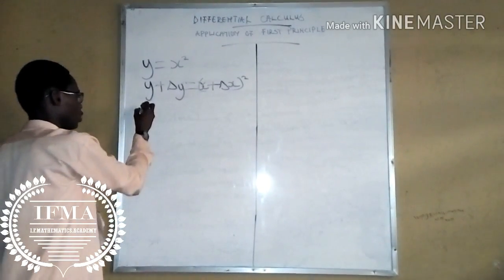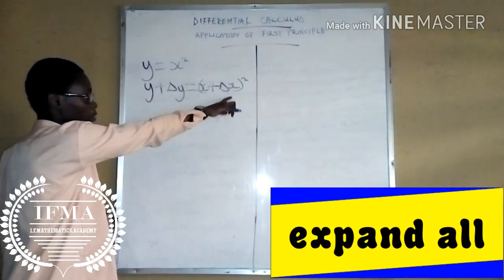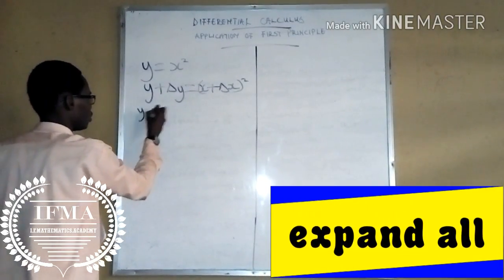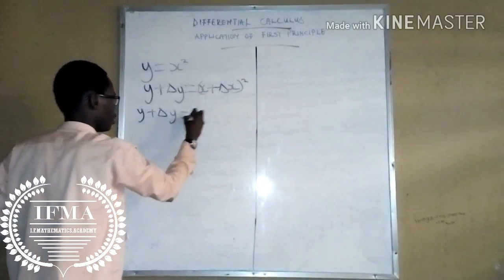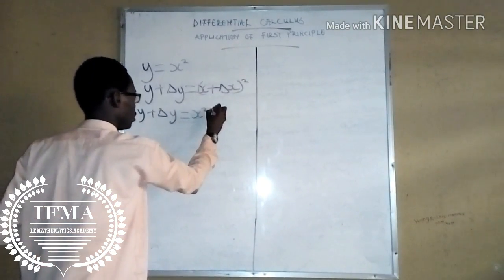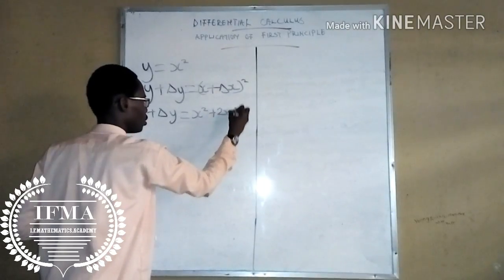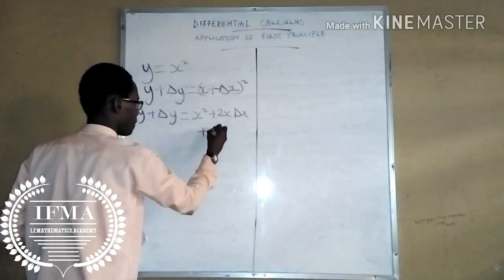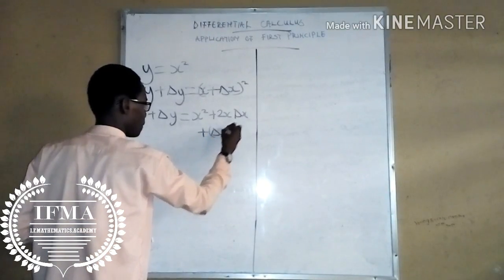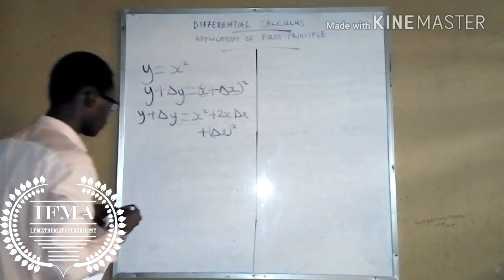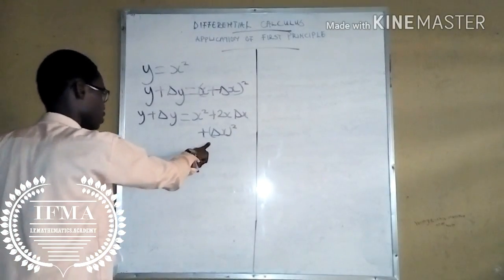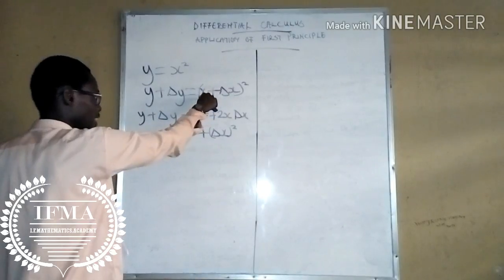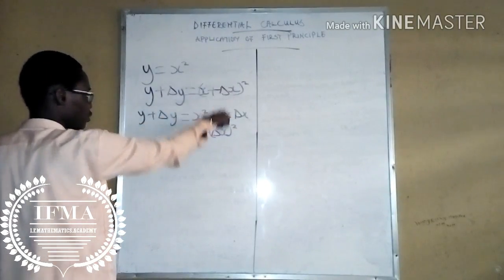Now, we're going to expand this. If we expand, this is what it should give us, because x squared plus 2x change in x plus change in x squared.